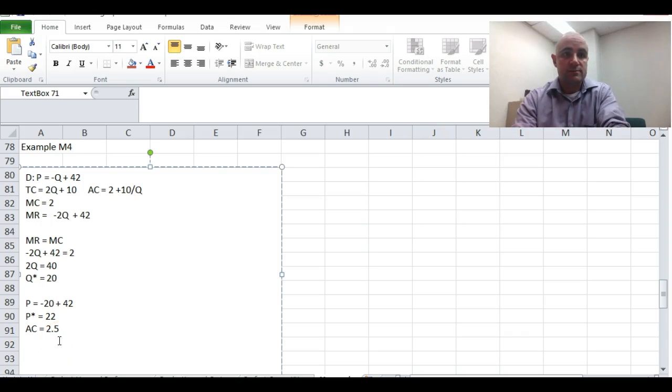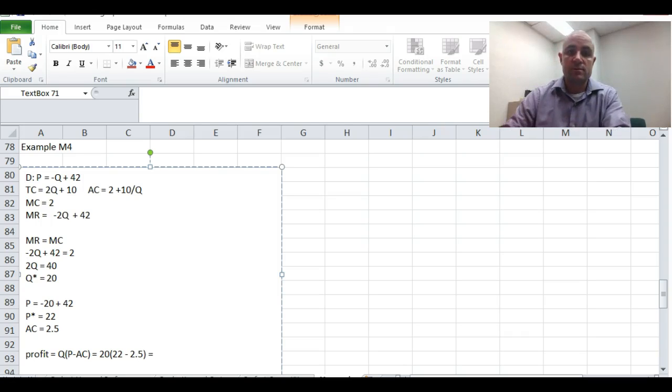And so when we go through and do this, you find that your profit is going to equal quantity times price minus average cost, where the quantity is 20, price is 22, and your average cost is 2.5.